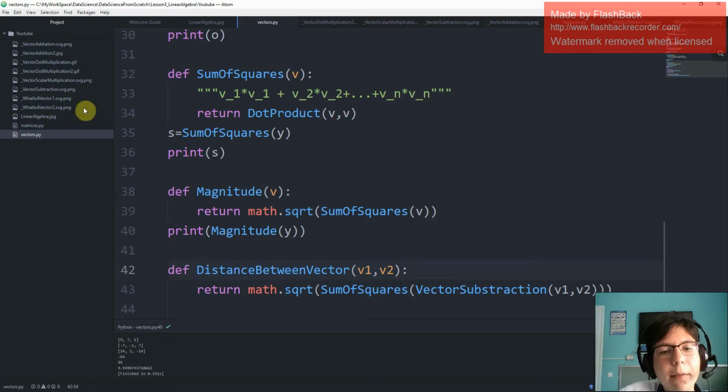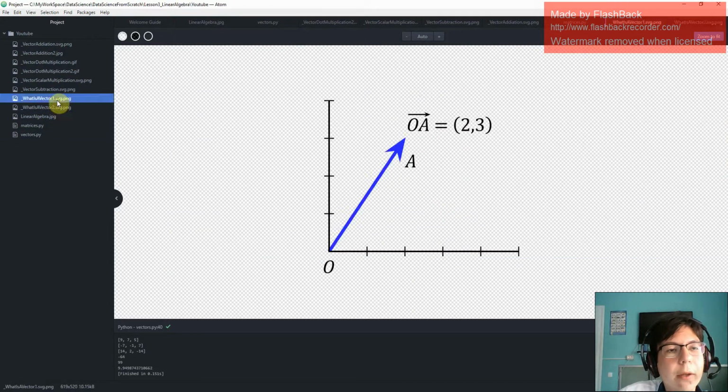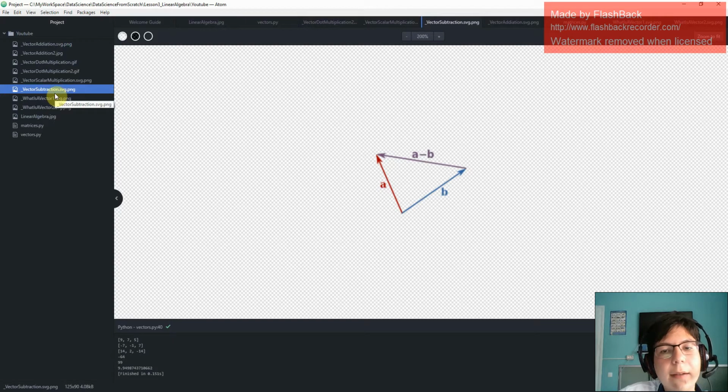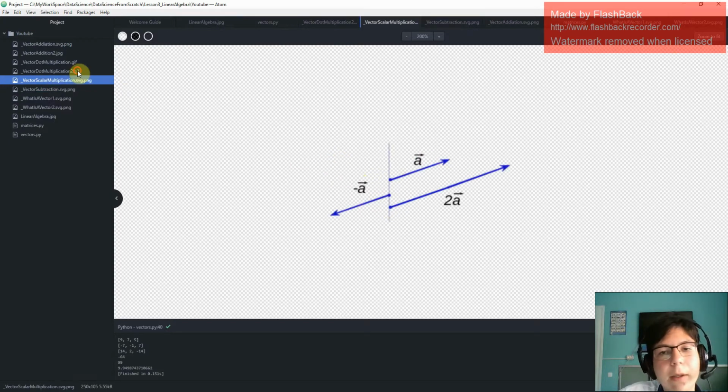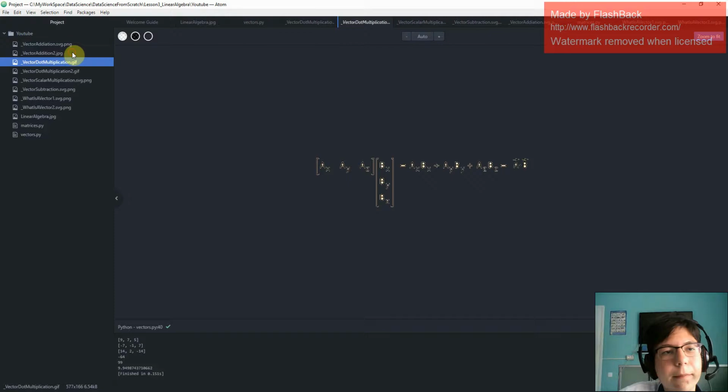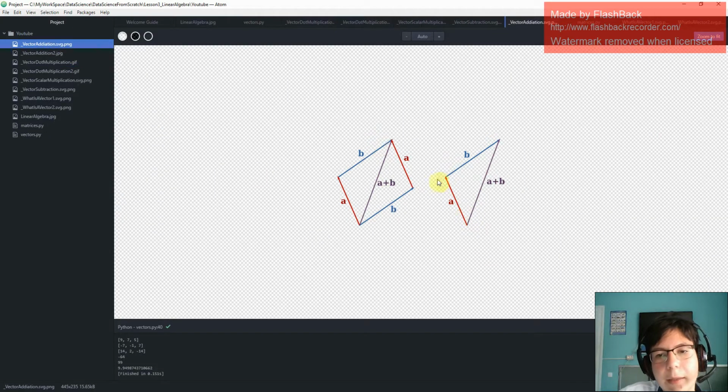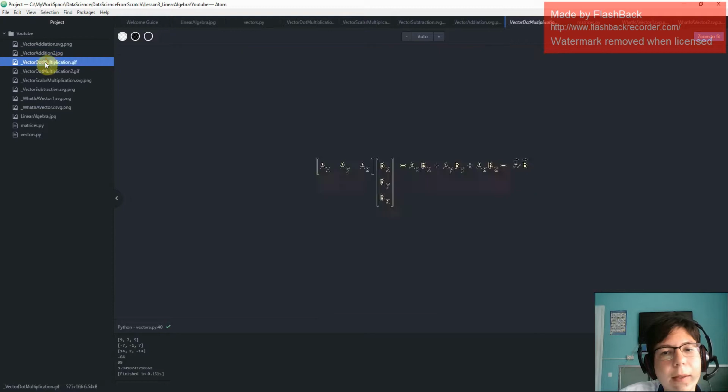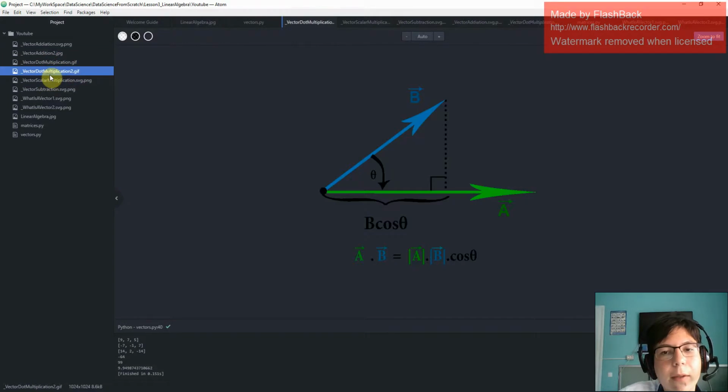Well, the distance between two vectors geometrically can be seen as the distance between the two ending points of the vectors. That is not a really good example. This is a better image to illustrate what I want to say.